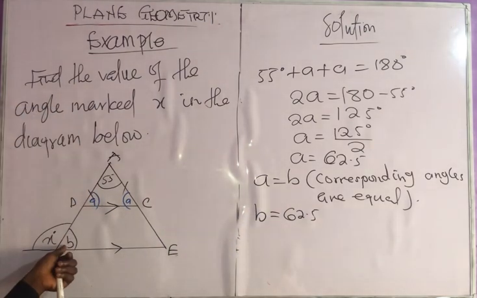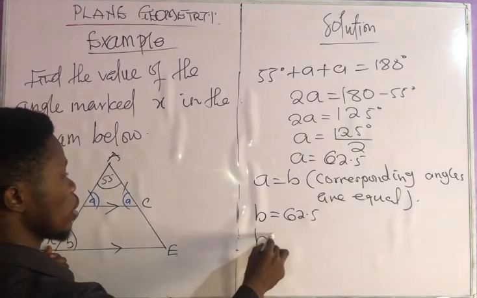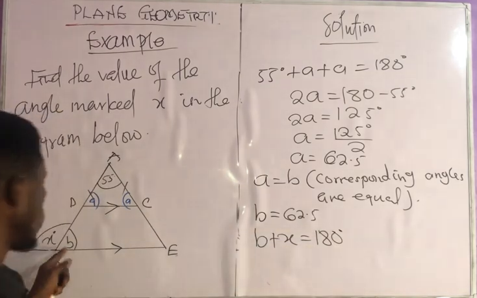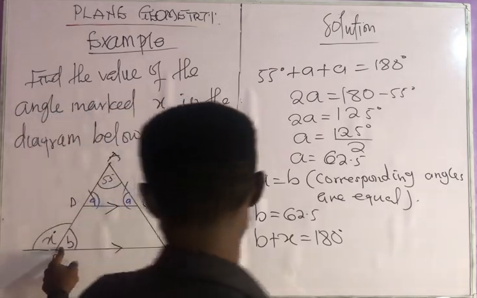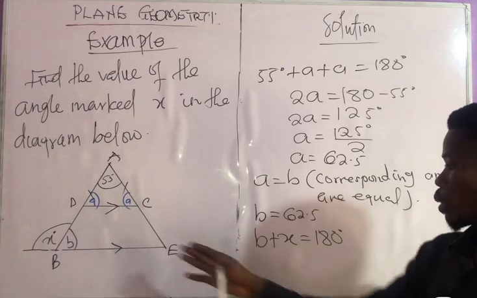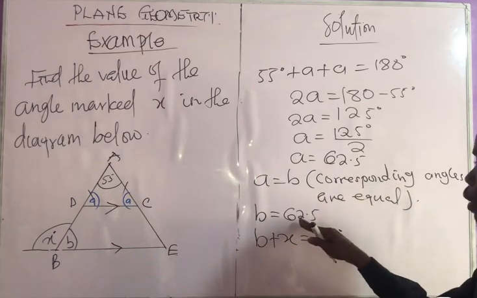So now that we know our B, we can find what? X. How do you get X? We said that B plus X will be 180 degrees. What is the reason? Angles on a straight line sum up to what? 180 degrees. So you can see that the angles on a straight line here are X and B. So if I add them, I get 180. But already my B is 62.5.